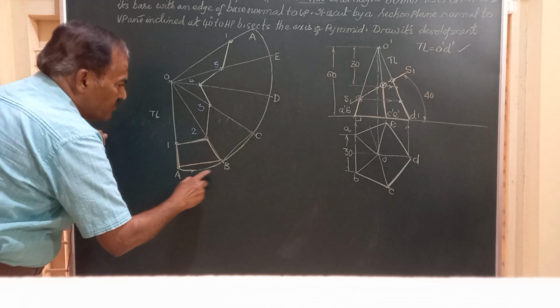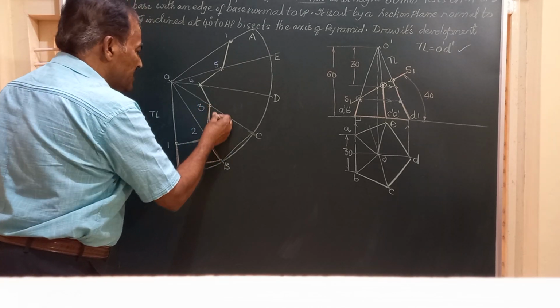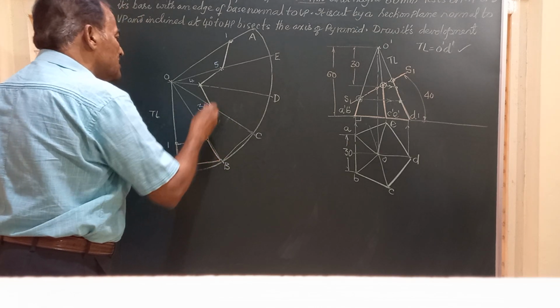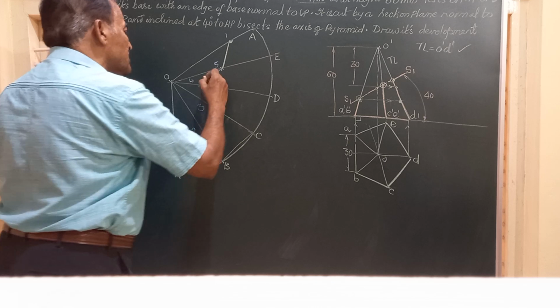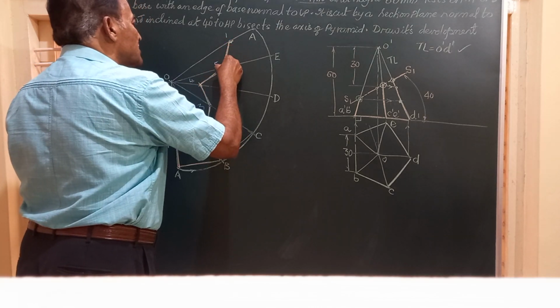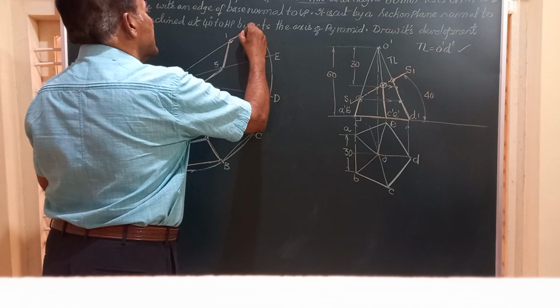This is a construction part, should be shown by thin line. So this is to be shown by a dark line, this by a dark line, here, this dark line, and again 1 to the bottom portion is still existing.